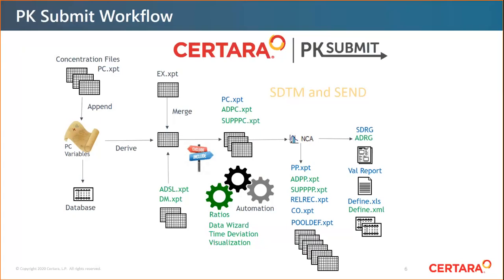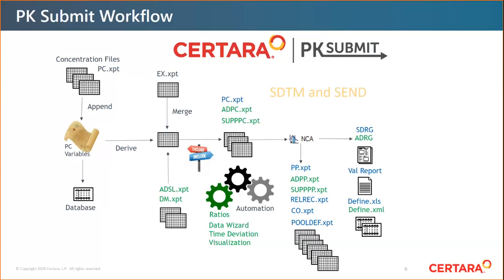But now on the other side of the NCA, based on all of the input that we've provided up until now, we can automatically get the PP domain, the ADPP dataset, the supplemental qualifier for the PP domain, the related records domain, a comments domain, and even a pool def domain, which is only in the case of SEND for sparsely sampled studies, typically for rodents. So those are all the domains and data sets that we create.